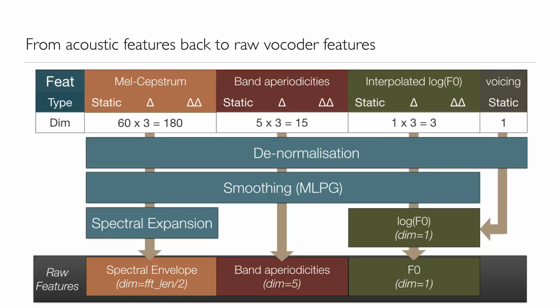We take these smoothed Mel-cepstra and convert back to the frequency domain, and now we have the spectral envelope with a length of half of the FFT length. Okay, we do the same for the F0. We just do the inverse processes that we already explained in the feature engineering.